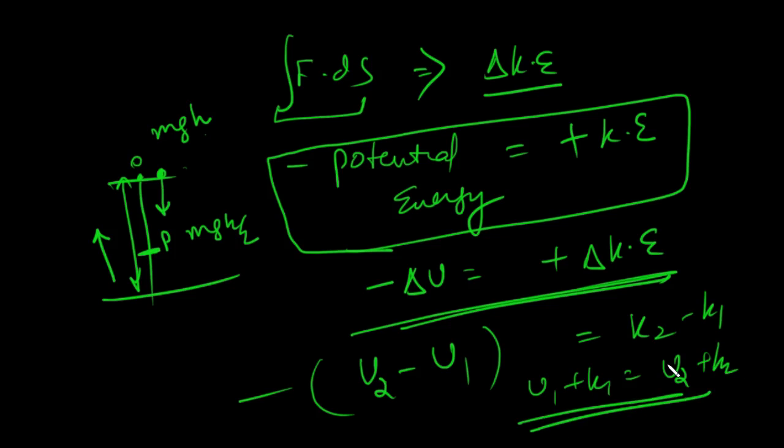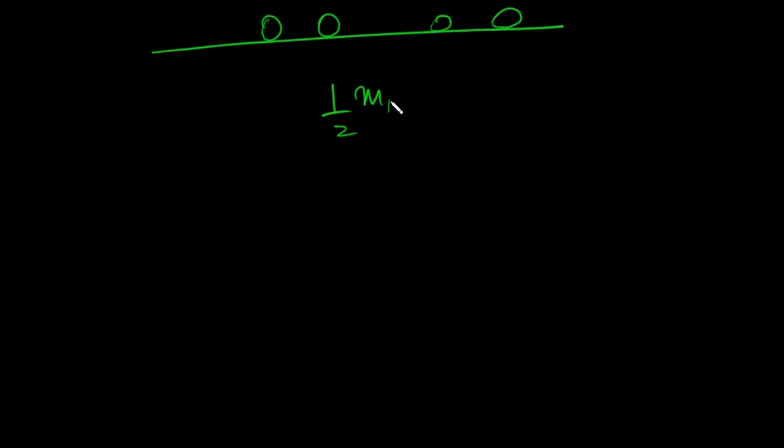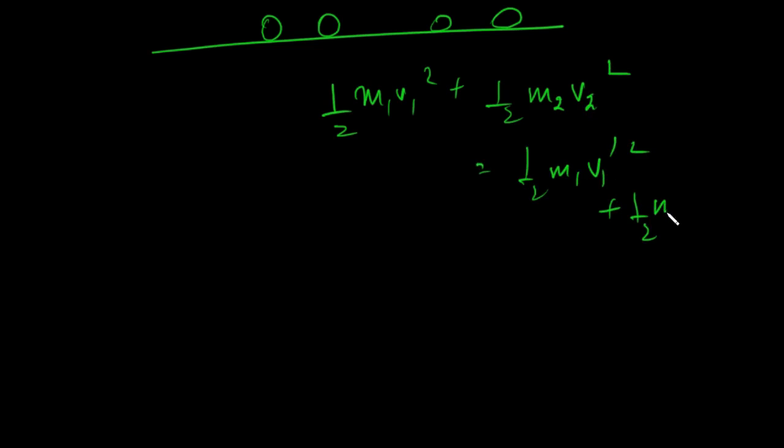Alright. So in the momentum equation, we took only kinetic energy. This was because potential energy was absent. The two particles were on the ground at all points of time. Okay. So this was half m1 v1 square plus half m2 v2 square equal to half m1 v1 dash square plus half m2 v2 dash square.